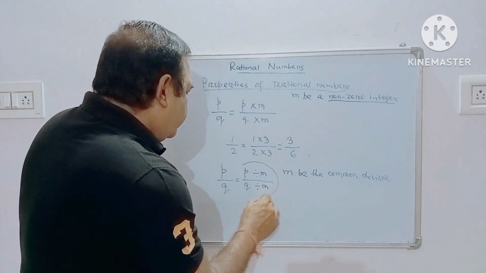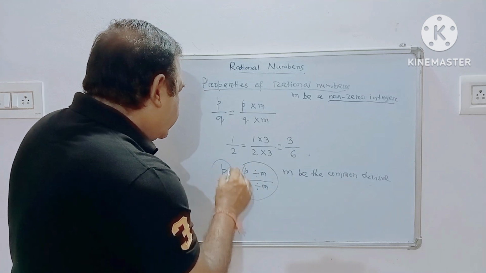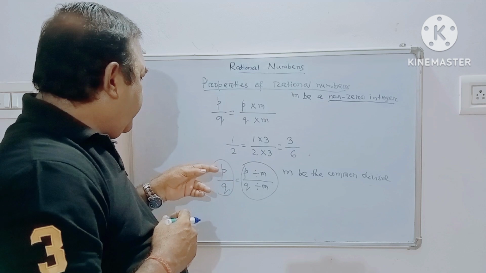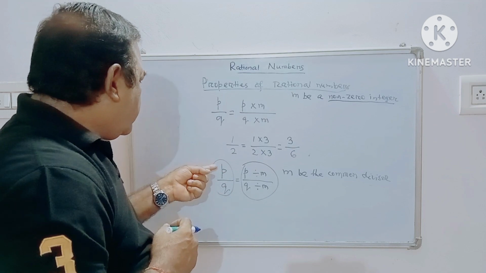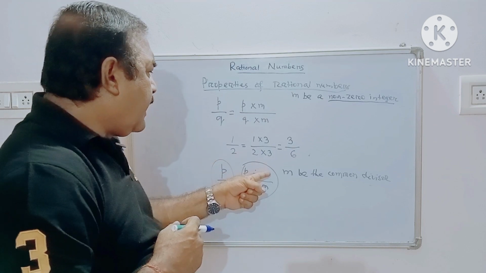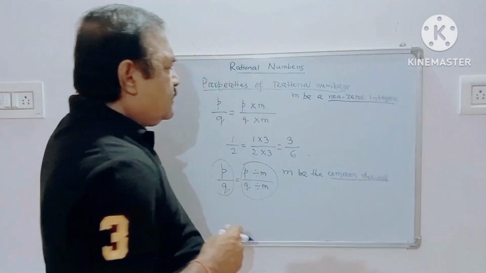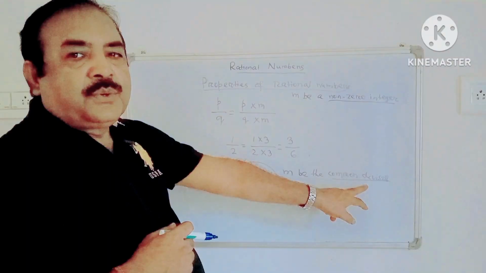This value will be equal to this. So we divided both p and q by a common divisor. Here you cannot take it as 0.